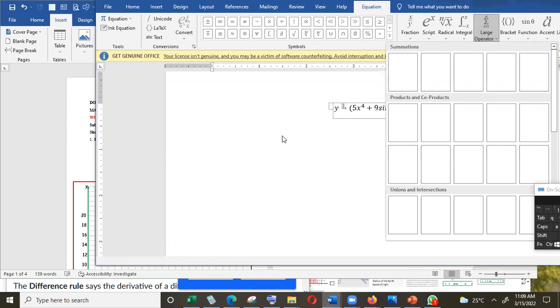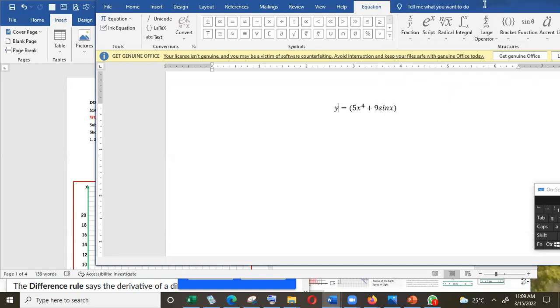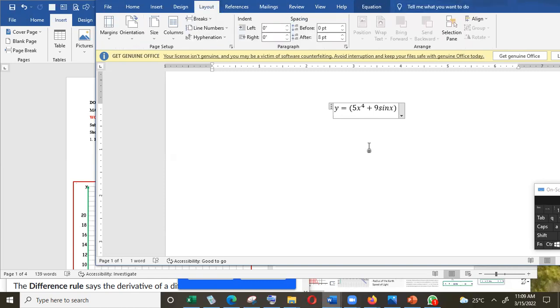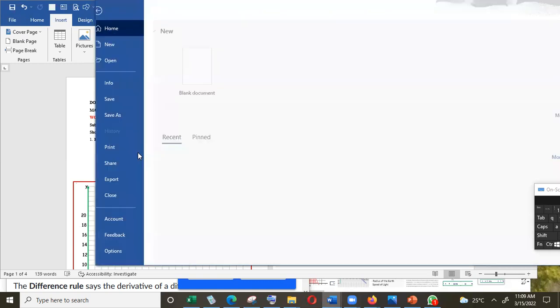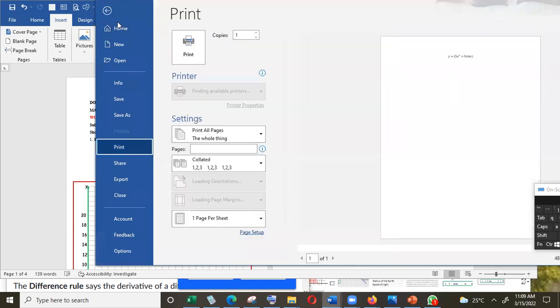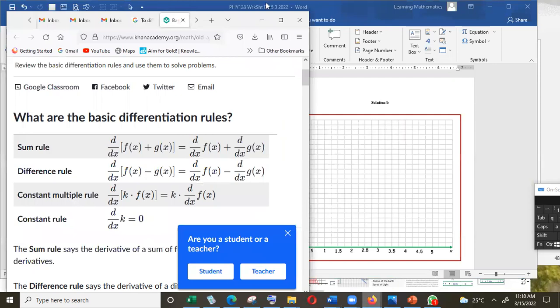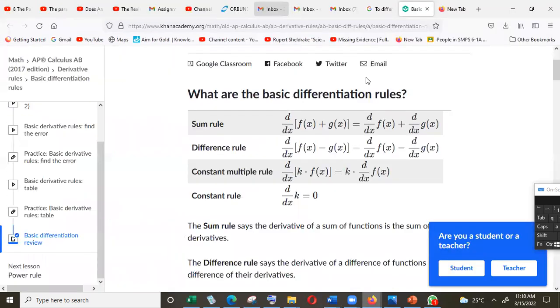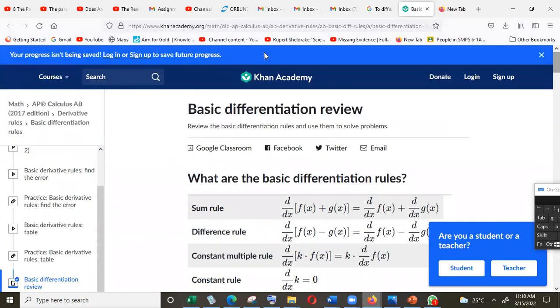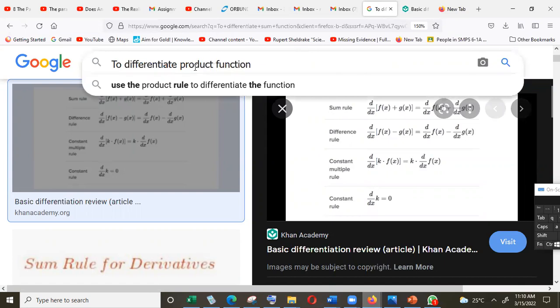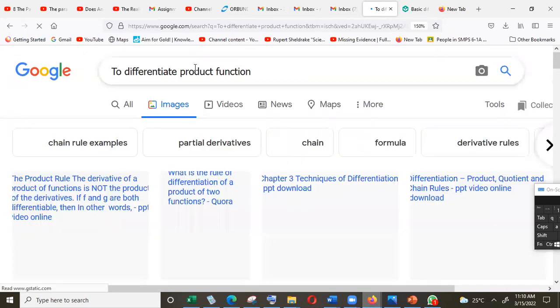But you may not have a sum function. You may have what you call a product function. Product means multiply.